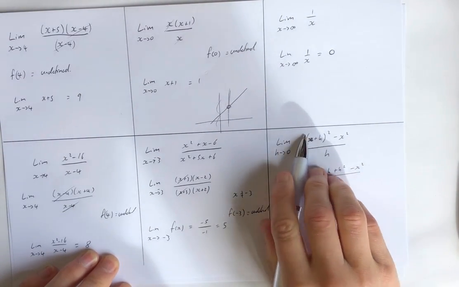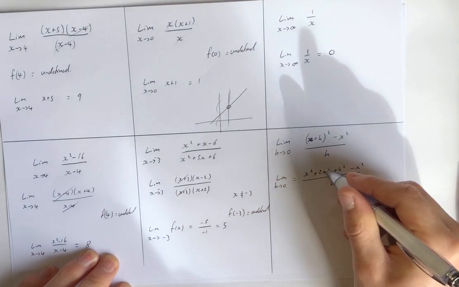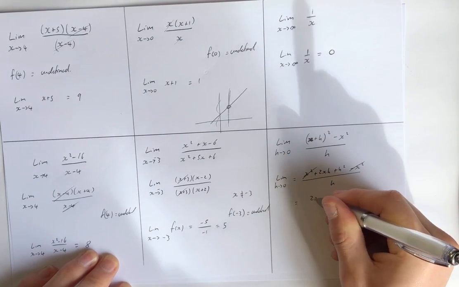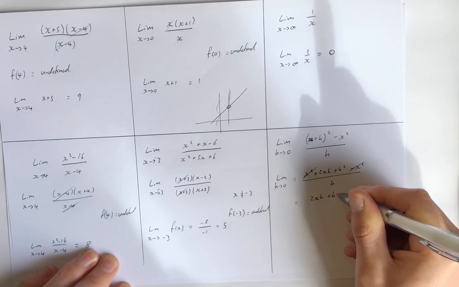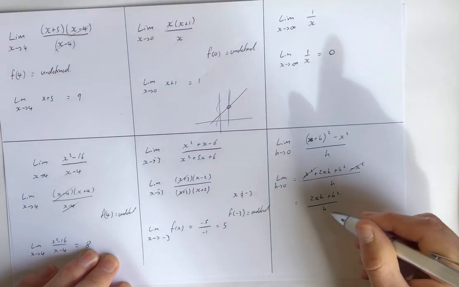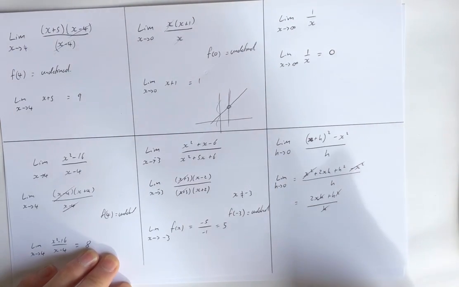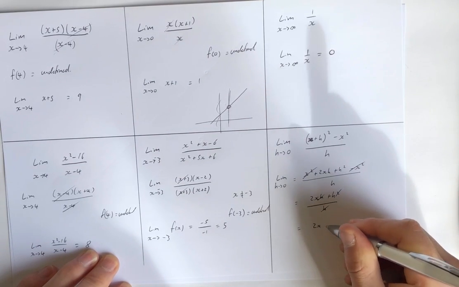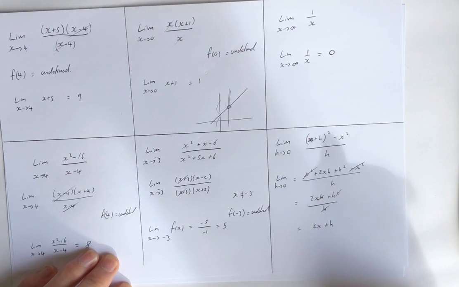So I've just expanded that bracket. My x squareds cancel. I've got 2xh plus h squared all over h. And notice I can cancel an h out of everything in the top with the h in the bottom. We now have 2x plus h.